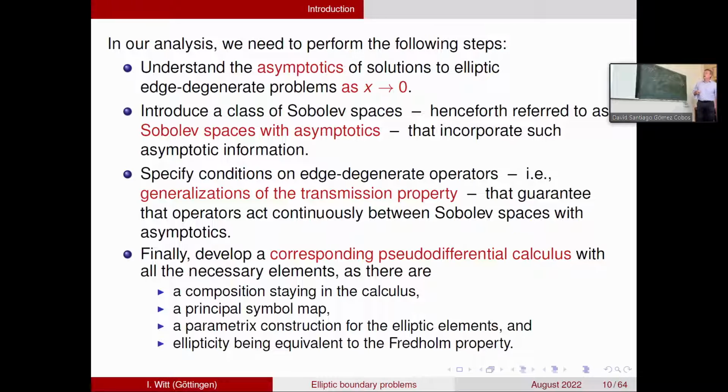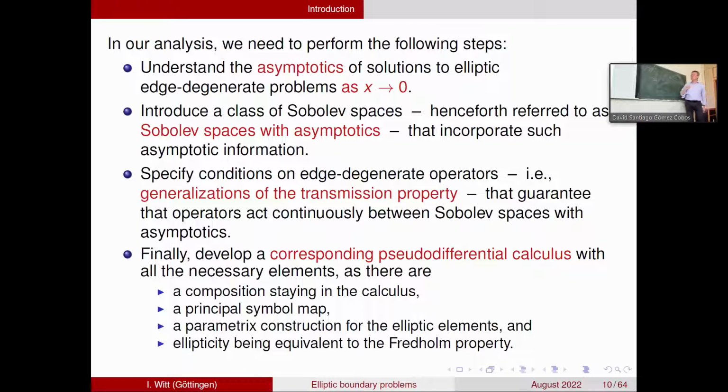If you have smooth coefficients, or we are working in Sobolev spaces, we have this Taylor series expansion, and the coefficients give you appropriate boundary conditions. If you have the Dirichlet condition, you take the coefficient of x to the 0. If you have the Neumann condition, you take the coefficient of x to the 1, and so on.